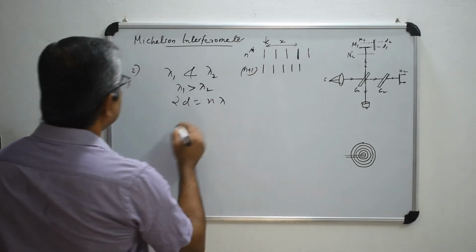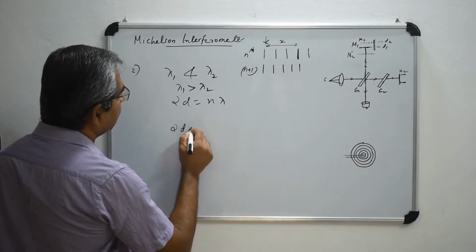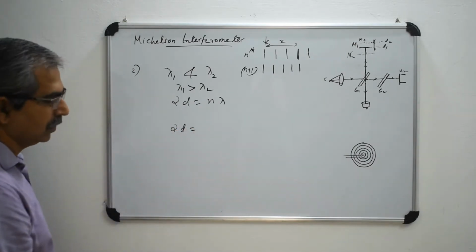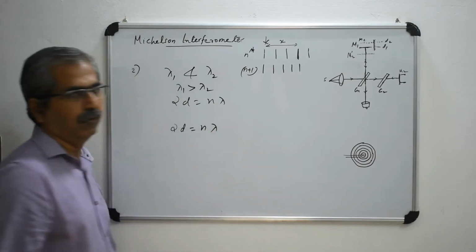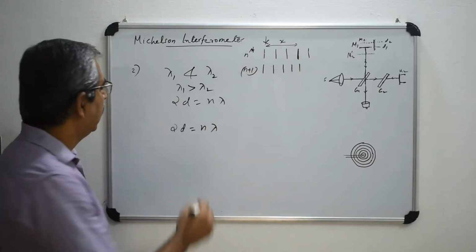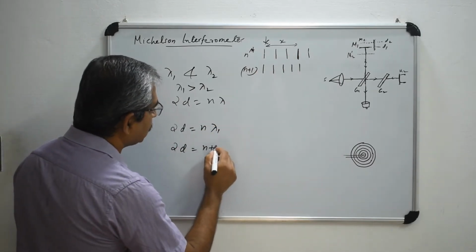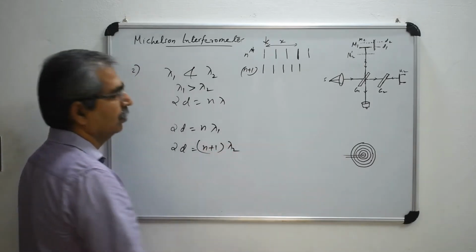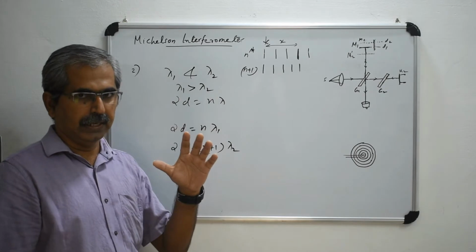So we can write the situation as 2d is equal to n lambda 1 for the first one, and 2d is again equal to n plus 1 lambda 2, that means for the second one.